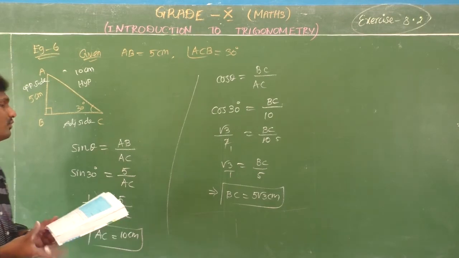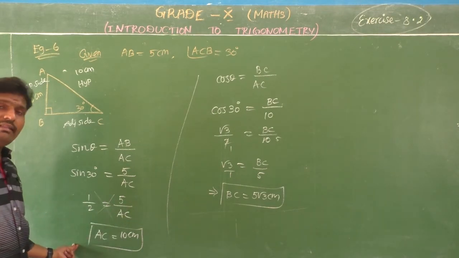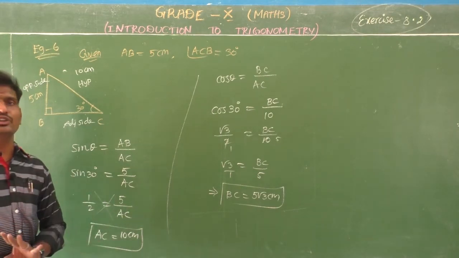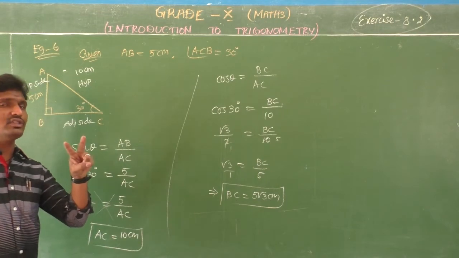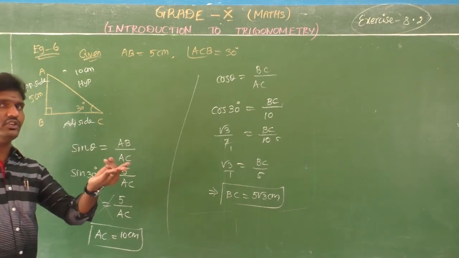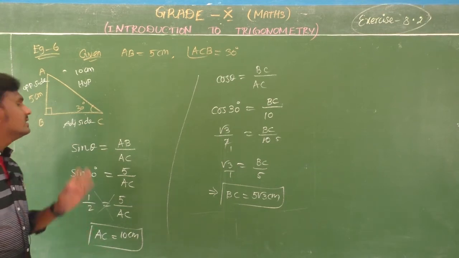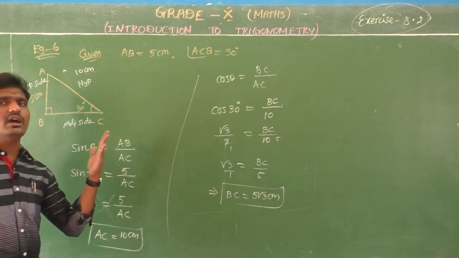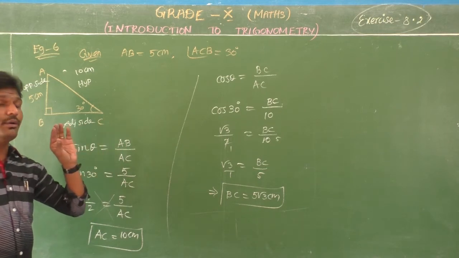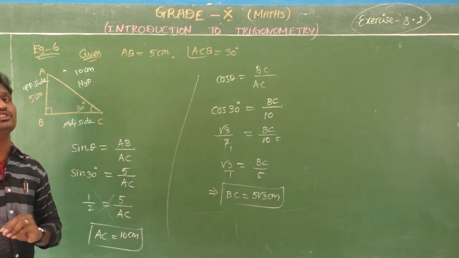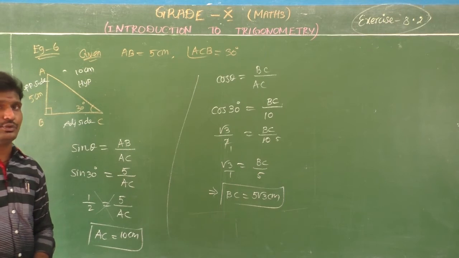If you find one value, then you can use the Pythagoras theorem also. When you have two values and you are going to find the third value, use the Pythagoras theorem. Whichever method you take, sin theta, cos theta, tan theta, cosecant, anything from the 6 ratios, any ratio you can take and find the value.